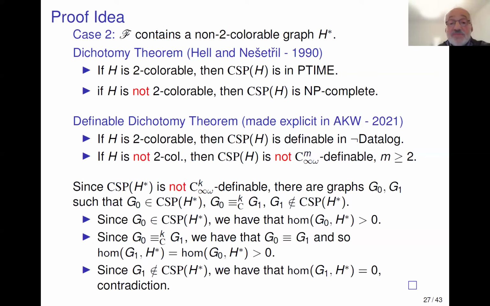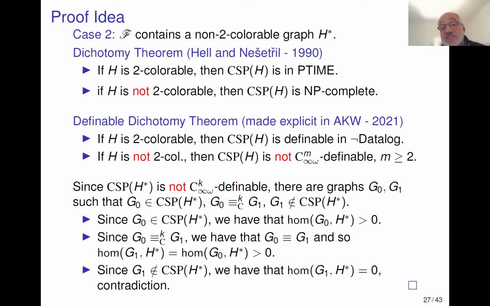This means there are two graphs, so that one is a yes answer to the constraint satisfaction problem with respect to H star, the other is a no answer, but they're indistinguishable in counting logic with K variables.